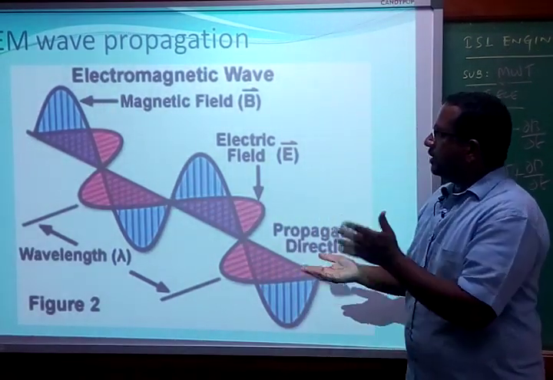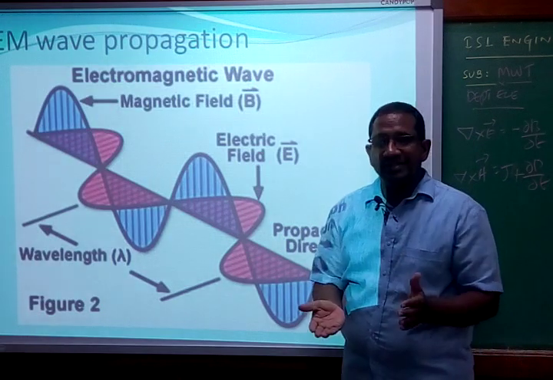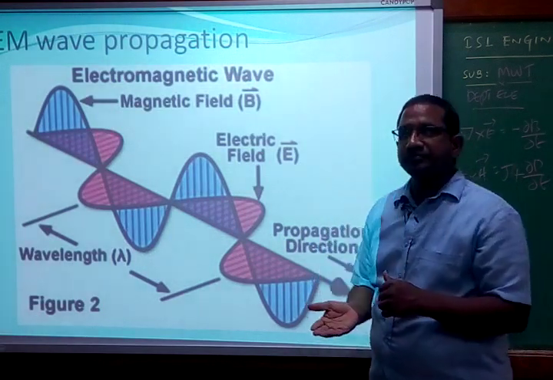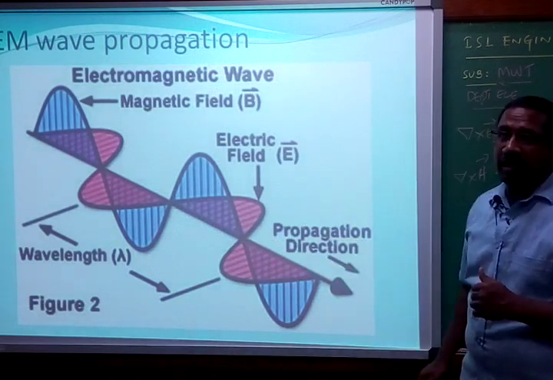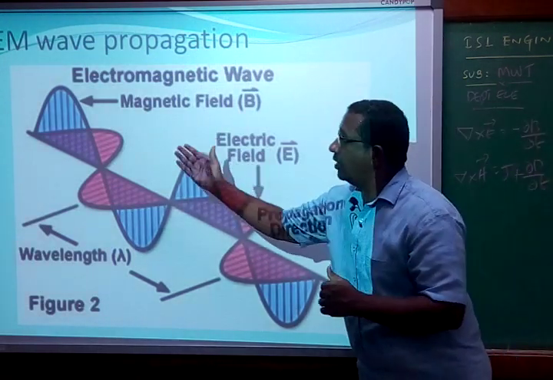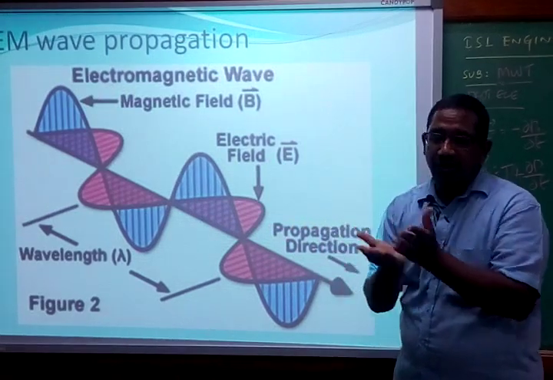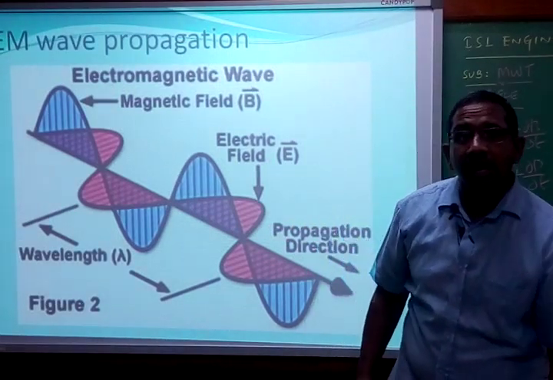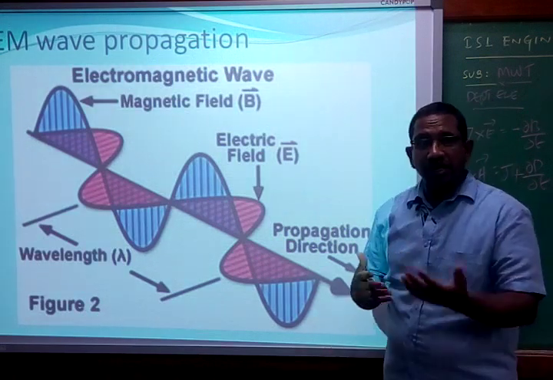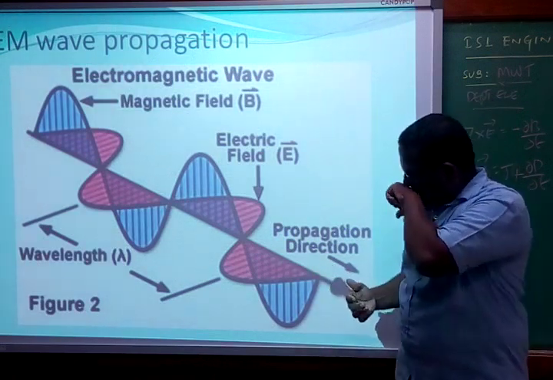Now when the electric field and magnetic field exist in free space, then the electromagnetic wave is going to get propagated perpendicular to the plane of the magnetic and the electric field. This is also given by nature.